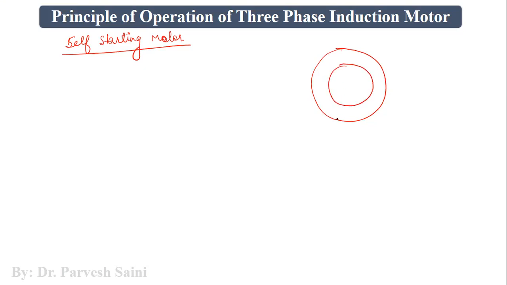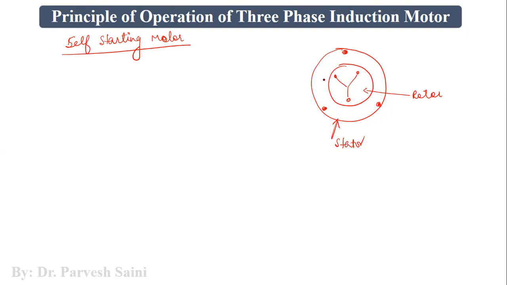So, for example, this is a stator and this is the rotor. The stator as well as rotor of a three-phase induction motor has three-phase winding. For example, the windings are in star connection or delta connection.